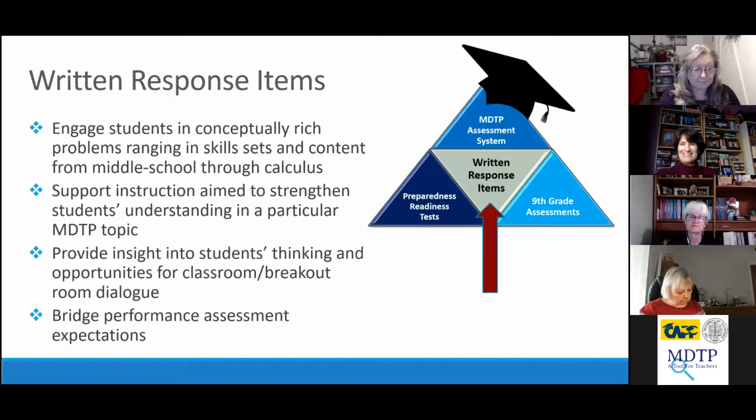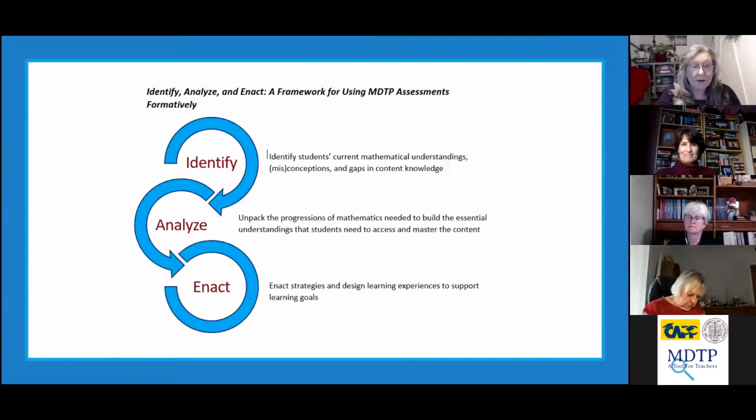Next is the framework that we utilize for using the MDTP assessments formatively. The first step is to identify students' current mathematical understandings: where are their misconceptions or conceptions, gaps, unfinished learning opportunities, as well as where they might actually be in that process.